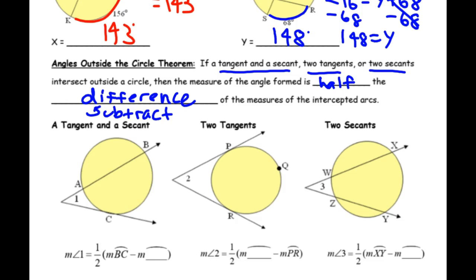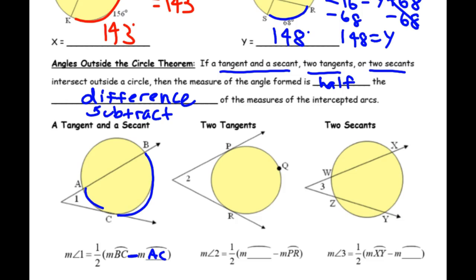This time it's half of the difference on the outside. Okay. So my angle over here is angle 1. So angle equals half. And it's always big arc minus little arc. What's the name of this big arc right here? BC. And then minus, what's the small arc? AC. Yeah. Cool.